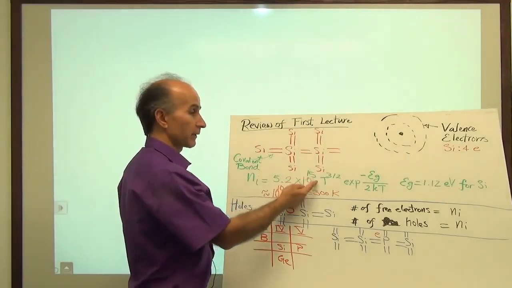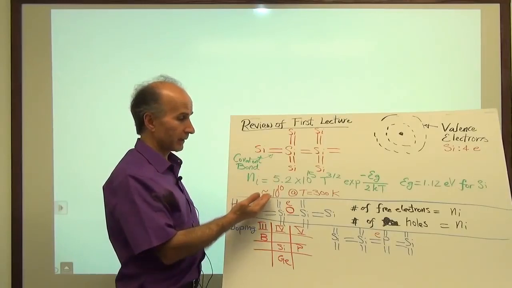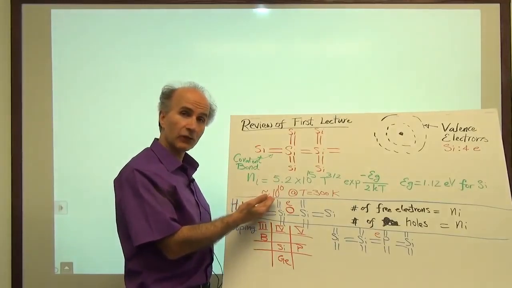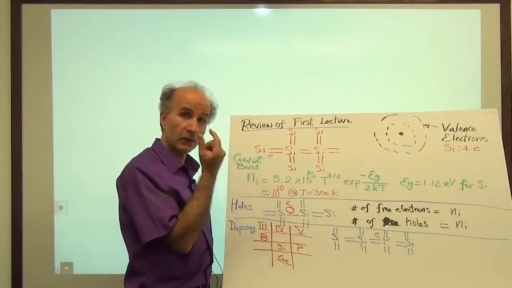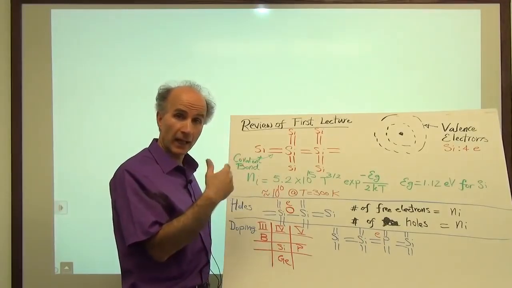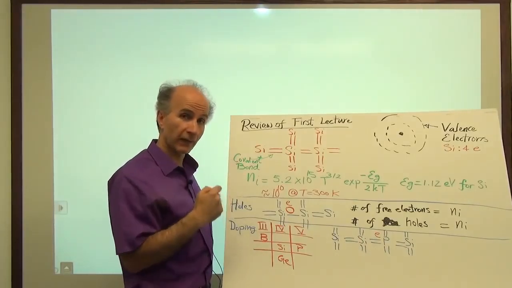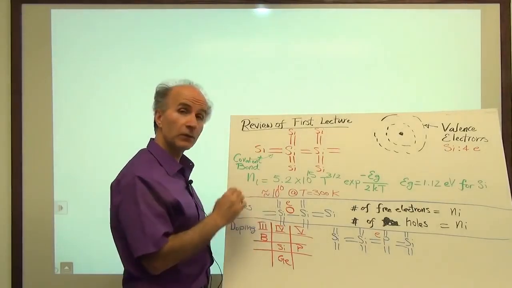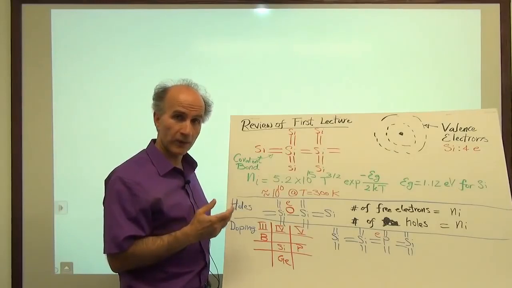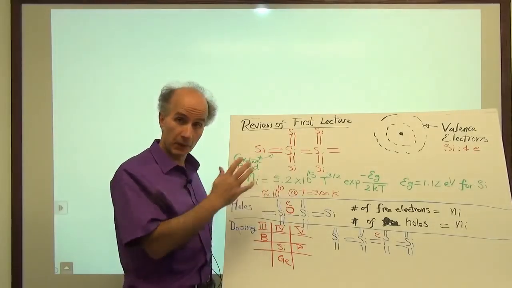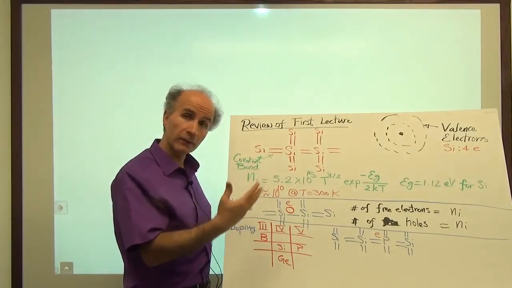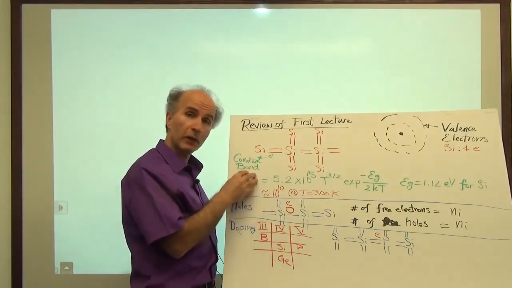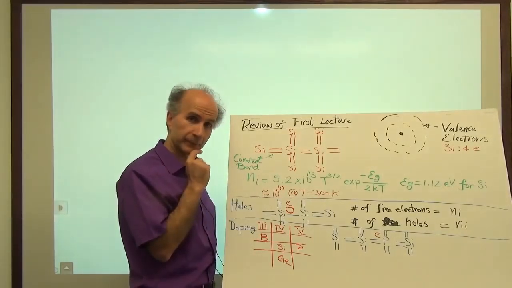Now, if we calculate this at room temperature, we see that we have about 10 to the 10 free electrons per cubic centimeter. And that's not a whole lot, considering that a cubic centimeter of silicon has something like 10 to the 25 atoms. So we have very, very few electrons. In other words, pure silicon is not a very good conductor, and we need to modify somehow the number of free electrons that we have.